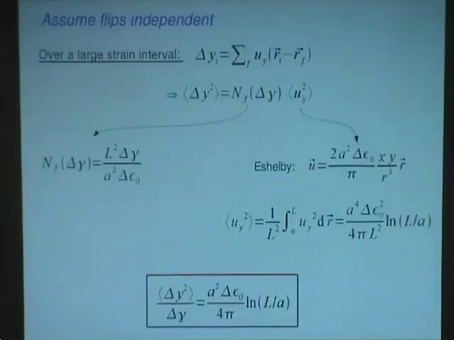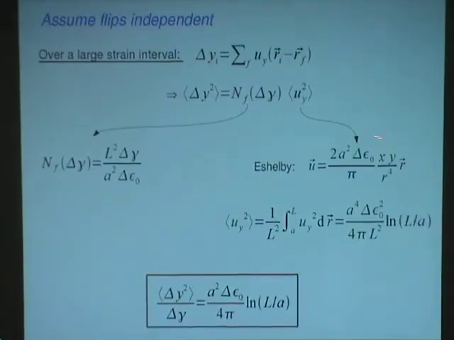Now if we assume that these flips are independent, and we look at diffusion of a particle over a large strain interval, the particle will receive SLB signals coming from different sources. If we assume that these signals are independent, then the diffusion, delta y squared, will be the number of signals received times the fluctuation of displacement due to the SLB field.